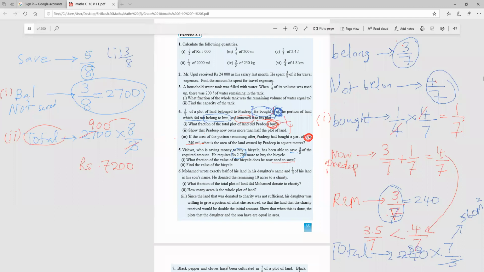Okay, children, I will re-explain this inshallah tomorrow morning. Till then, I have given the 3.1 exercise fully as homework. You have to try the full exercise, 1 to 8. Then you will face the difficulties.